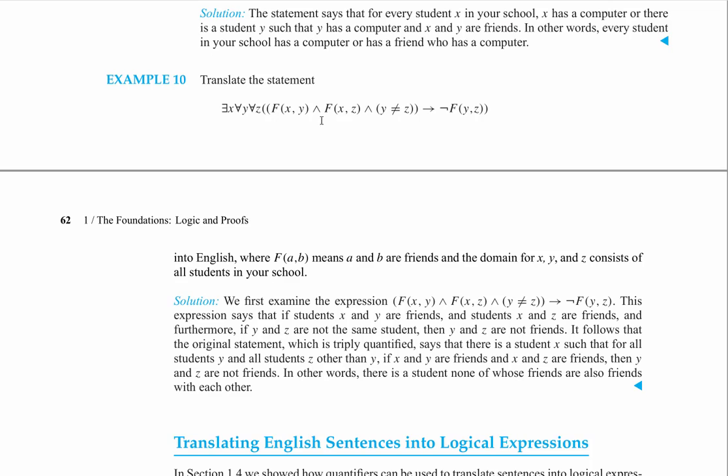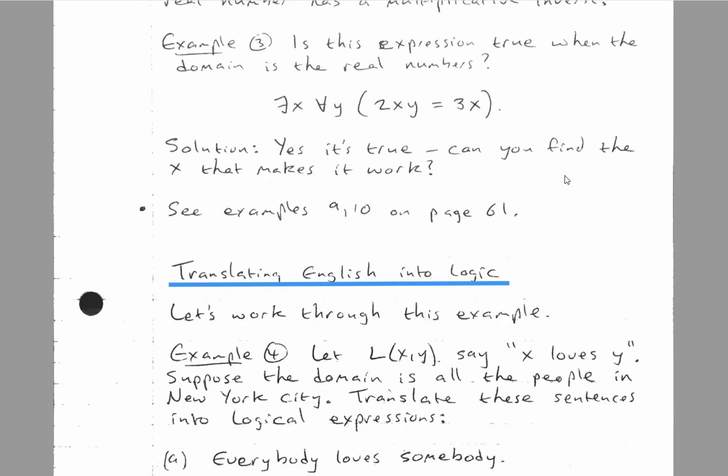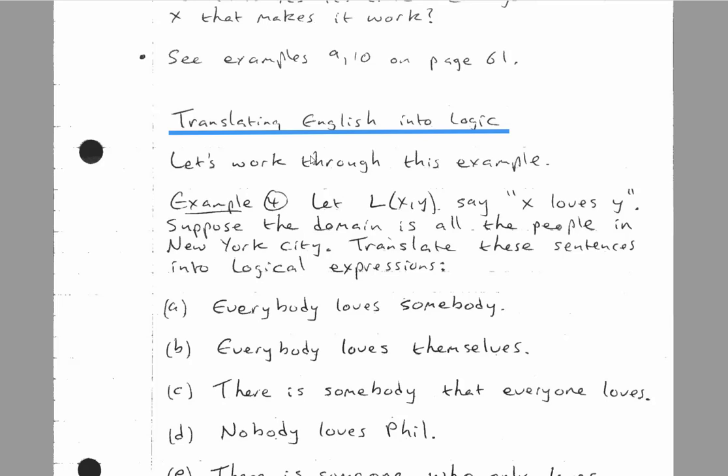Okay, so we had an ands here, and then a conditional statement. So if the first student is friends with y and z, who are two different people, then y and z are not friends with each other.